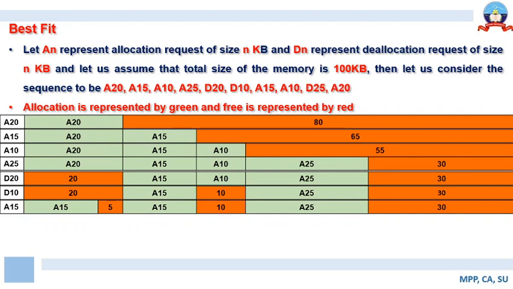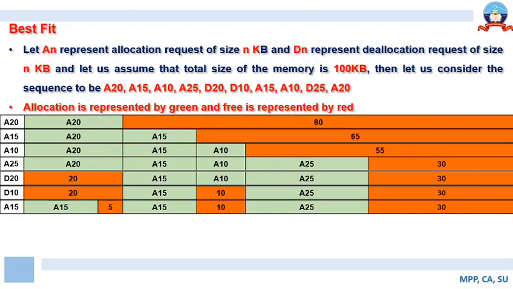So here there are two blocks that are large enough to accommodate the process, that is 20 and 30, but 20 is the smallest among them. So the 20 kilobytes block will now be allocated to the process requiring 15 kilobytes. So 15 kilobytes of memory is allocated and we have a free space of 5 kilobytes. So now we have three holes of 5, 10 and 30 kilobytes.